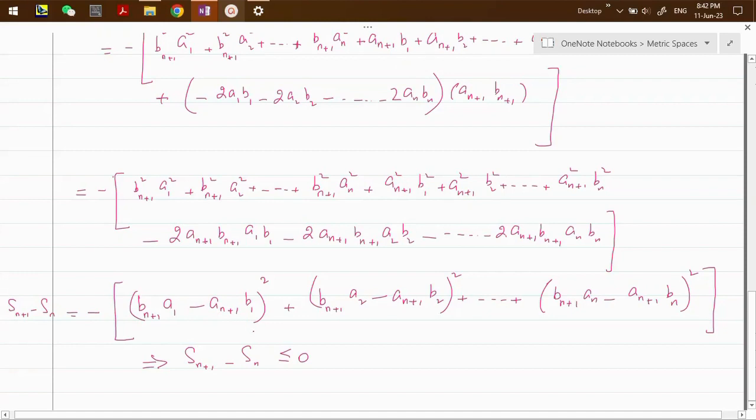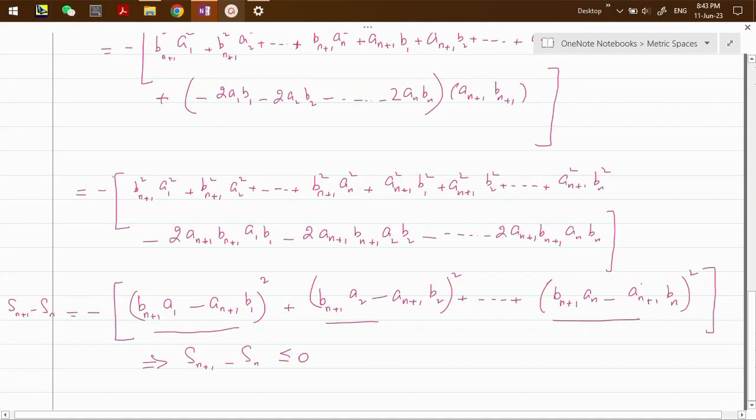So there are two possibilities: either Sn plus 1 minus Sn is equal to 0, or if at least one of them inside the bracket, or maybe all of them, are not equal to 0, their square will be positive.